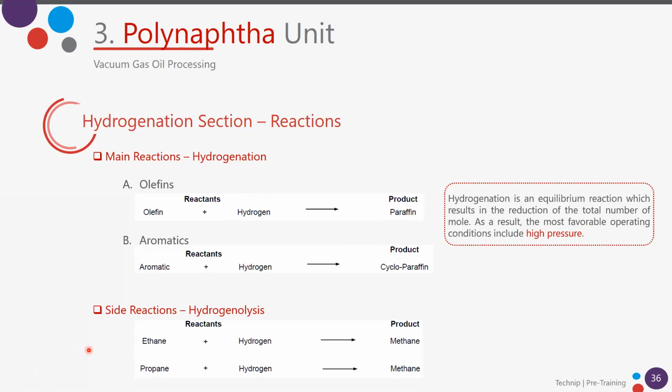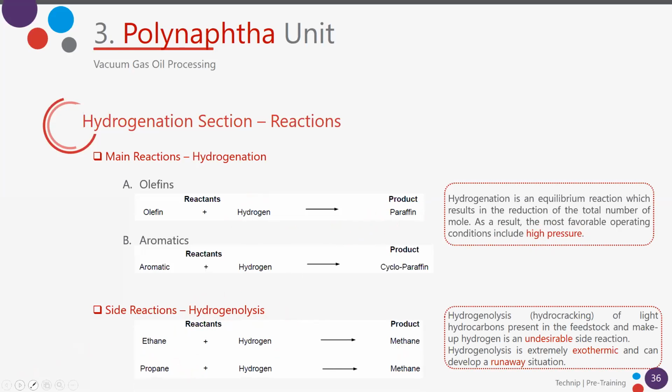So you also have some reactions that are called hydrogenolysis, okay? Ethane plus hydrogen produces methane, and propane plus hydrogen, like a hydrocracking of light hydrocarbons present in the feedstock and make-up hydrogen, is an undesirable side reaction, okay? These are extremely exothermic reactions and can develop, remember, these runaway situations.